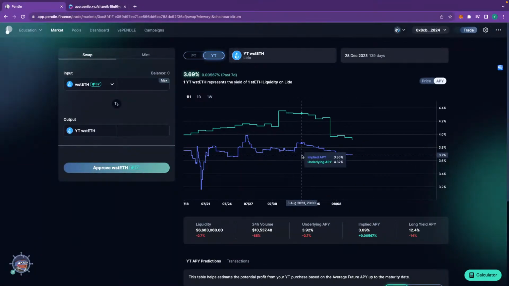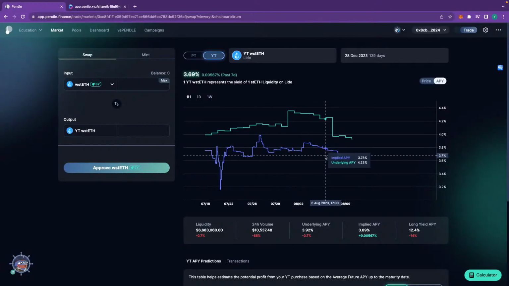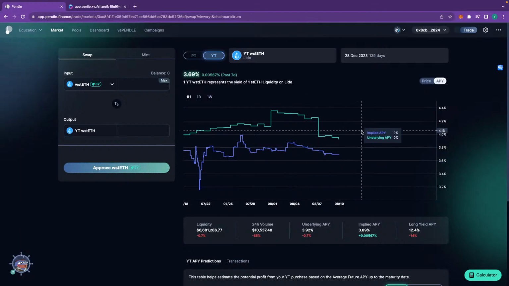But what's interesting about this market is that because it's very actively traded, if you have an opinion on the short-term or medium-term stETH view, it would be good to bet on it using this market, because the implied APY will tend to follow underlying APY. Say you predict that volatility will come back in the next 2 months.